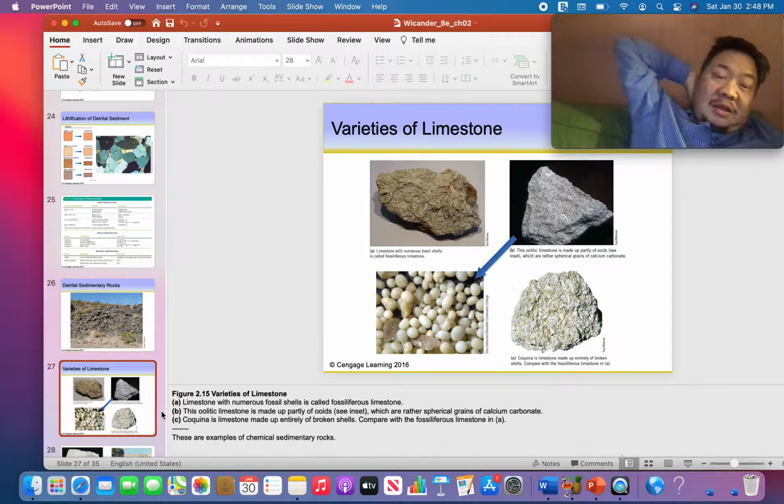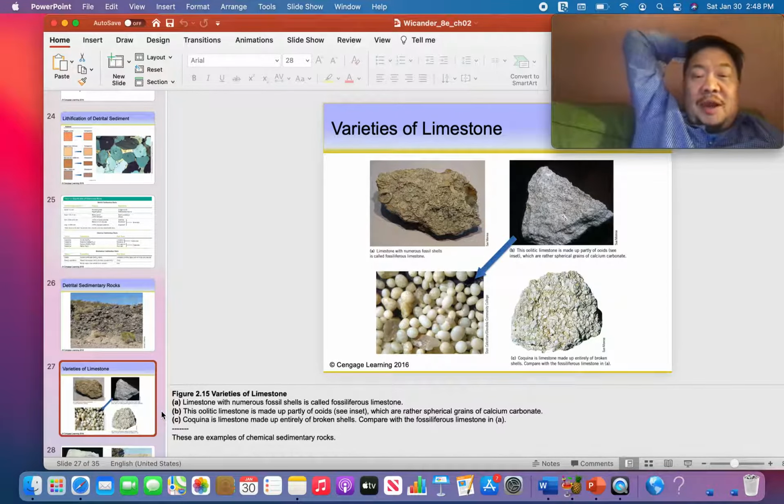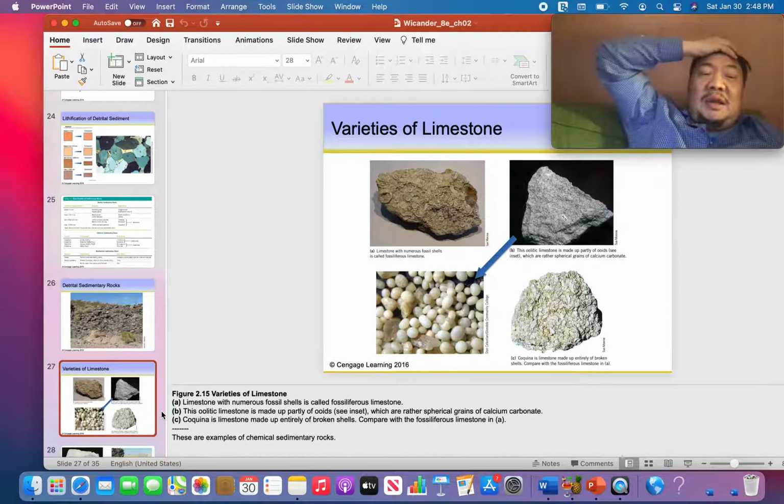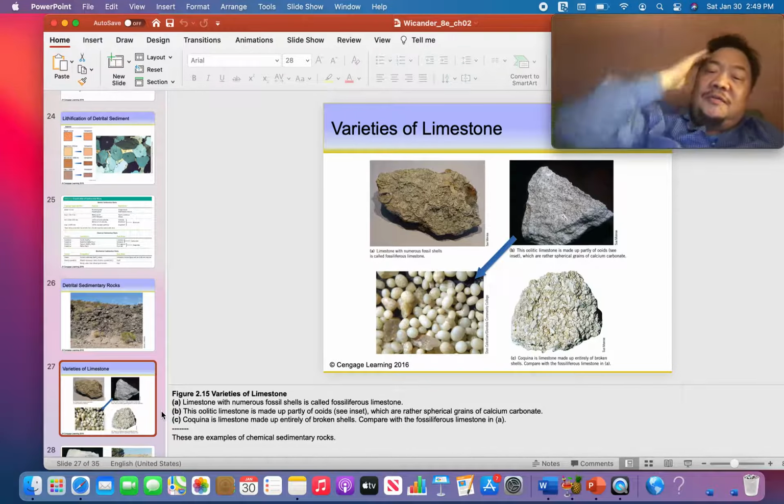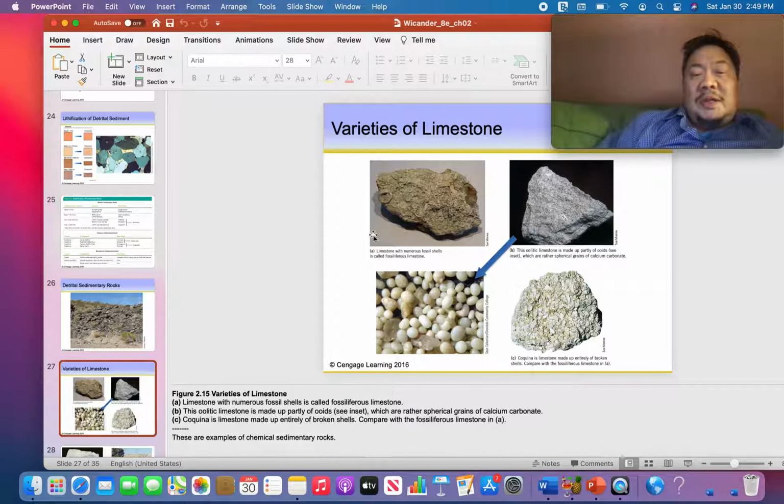Limestone. Most of y'all got this right in lab, but on the quiz you're going to have to figure it out yourself. And limestone comes in so many different colors. It comes in light gray, medium gray, dark gray, brown. So you can't identify a limestone just based on its color.